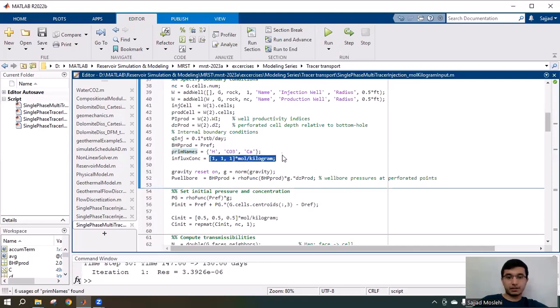I have specified their concentrations in the injected water. Of course, I could use any other name instead of these, because I have used this unit. Because I have used this unit, I don't even need to use their molecular weights.